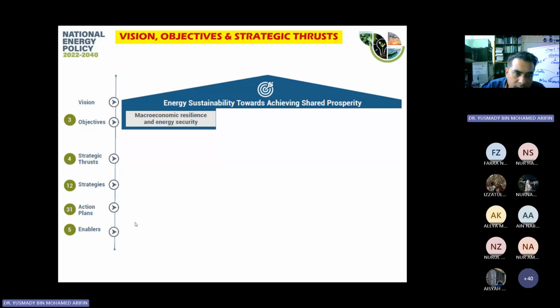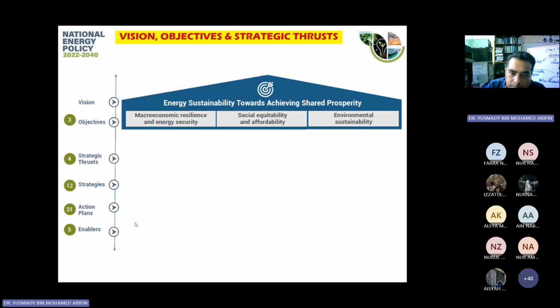Dan saya pun nak kena tengok satu-satu ni susah juga. So first objective, macroeconomic resilience and also the energy security, to make sure that we have enough energy in our country. Social equitability and also affordability, and also the environmental sustainability.